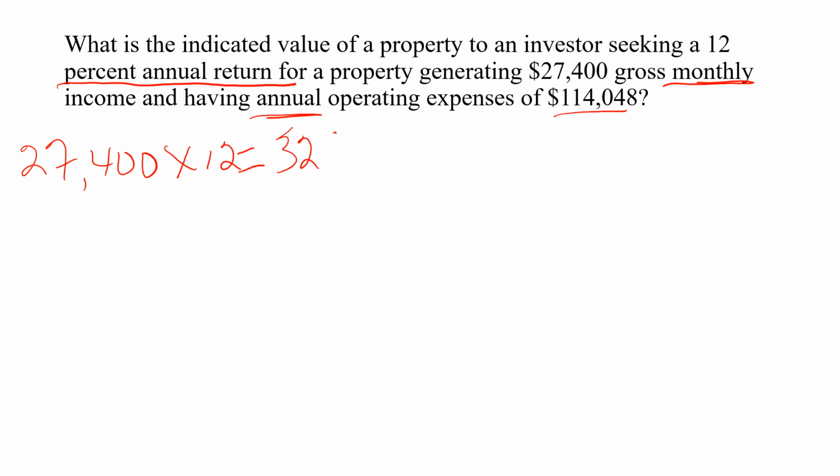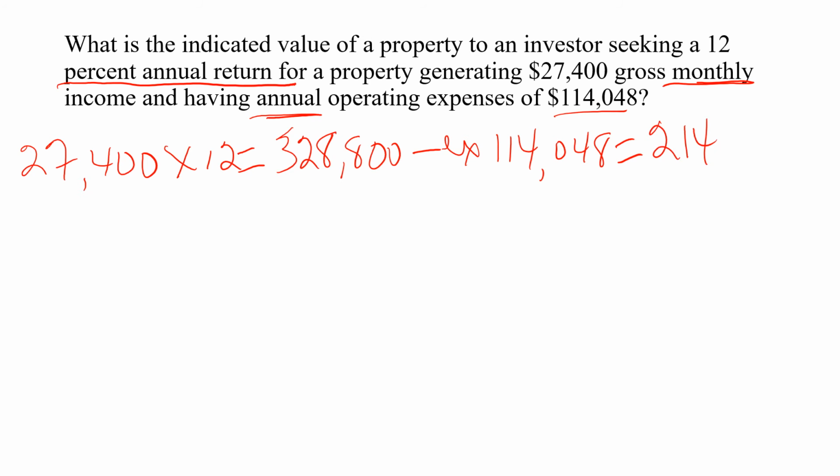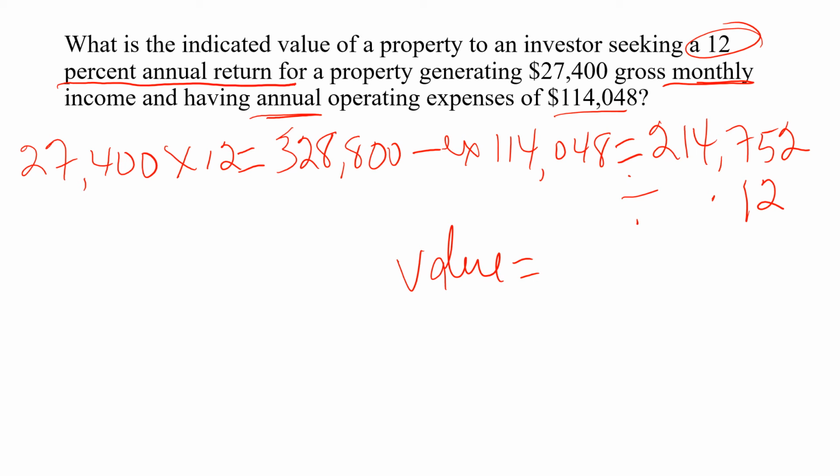So that's 328,800 minus our expense of 114,048 equals 214,752. We want a 12% rate, so we're going to divide by 0.12, and the value is 1,789,600.